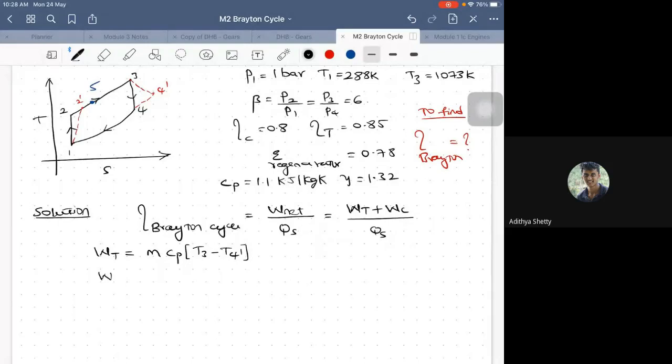Next, WC now. M Cp into, as we told, T1 minus T2 dash. Very good. Now, how do you calculate QS?